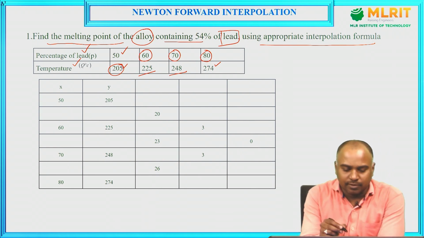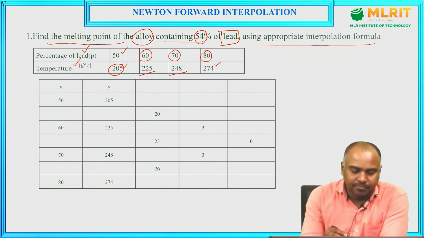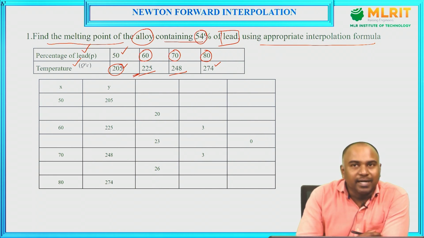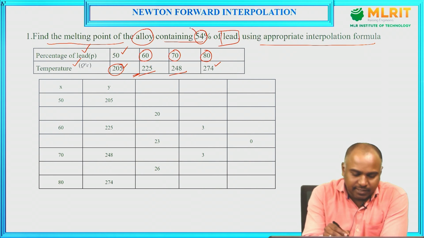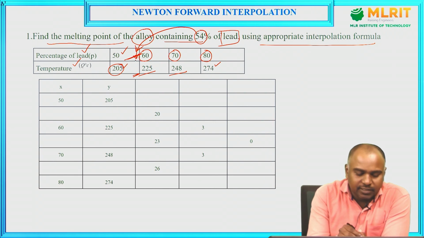Now we are required to find the melting point, or temperature, for 54% of lead. This 54 is located near the beginning of the table.